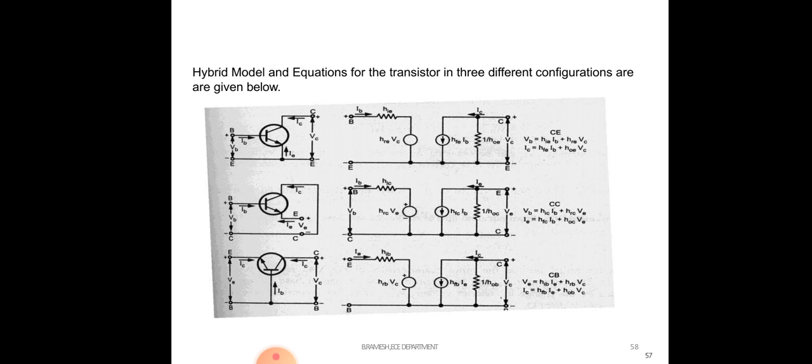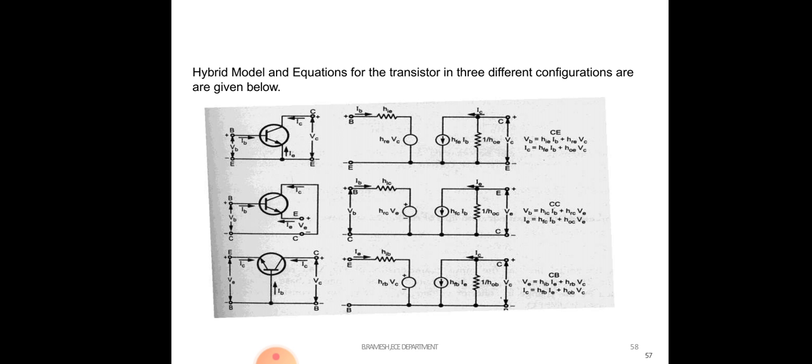In place of IC for the CE configuration, we take the IE current as the output current, which depends on the input current. So IE is equal to HFC IB plus HOC VE.